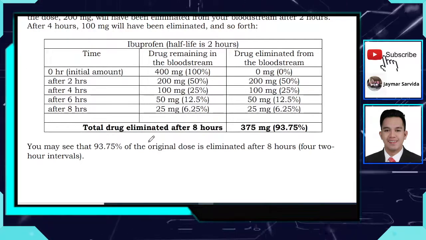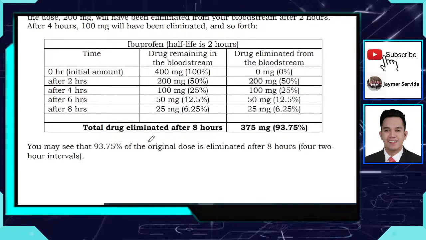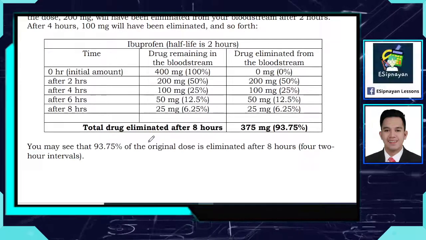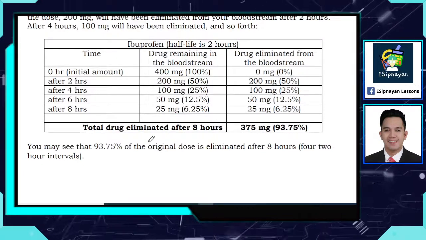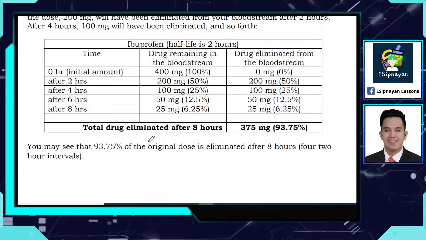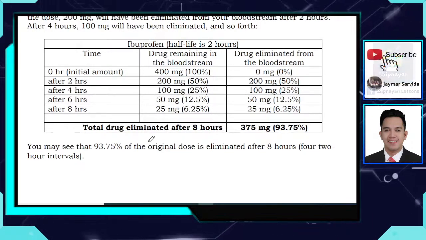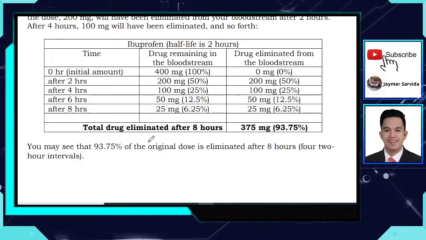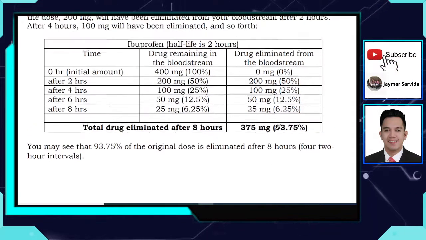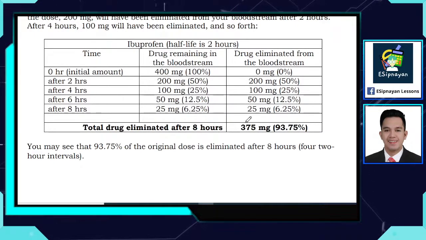Then 12.5 plus 6.25, that is 18.75. 18.75 plus 375, that is equal to 393.75. Yan na yung total 393.75, yung total na drug eliminated from the bloodstream.